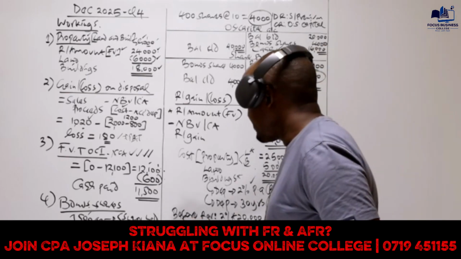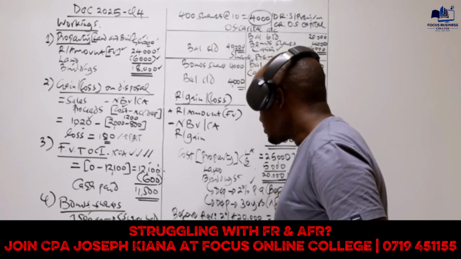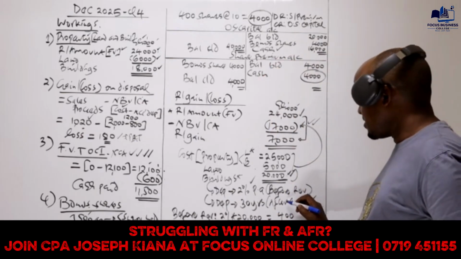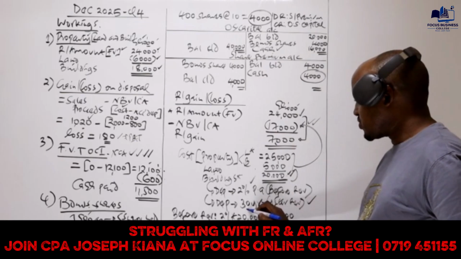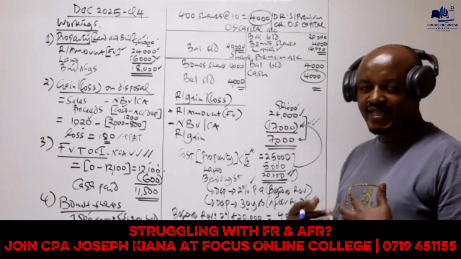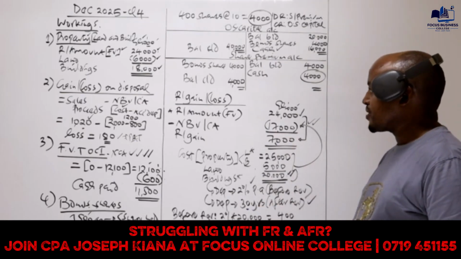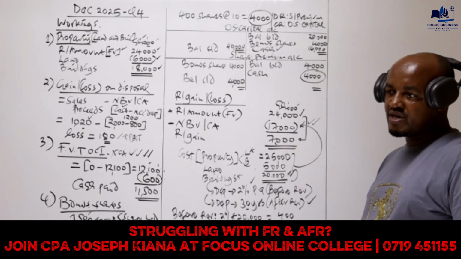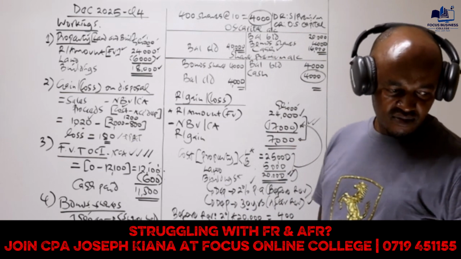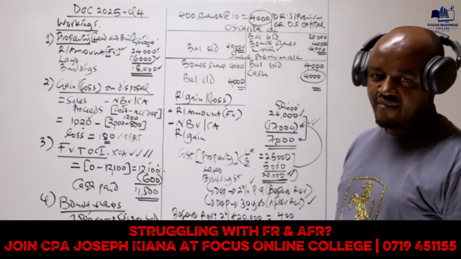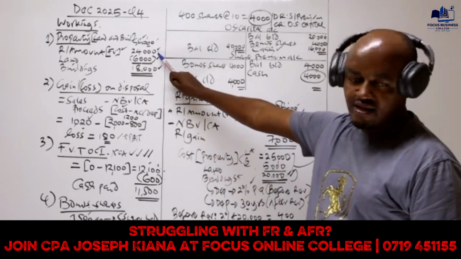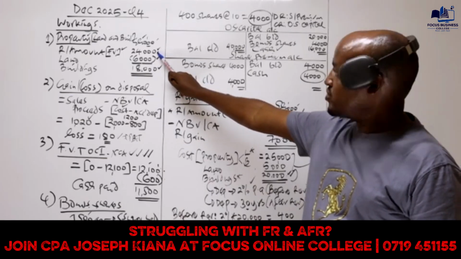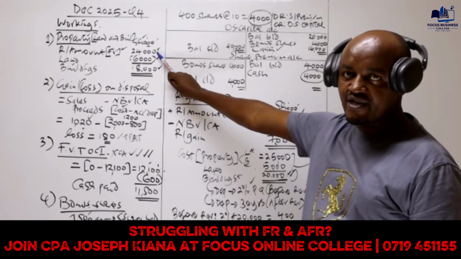What about after revaluation? Remember, after revaluation, buildings now will be depreciated on a straight-line basis over the next 30 years. So we need to determine the revalued amount of buildings. Remember, the property which comprises land and buildings was revalued to 24 million.